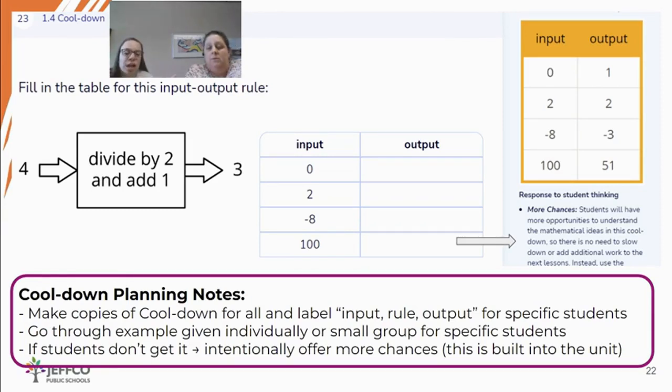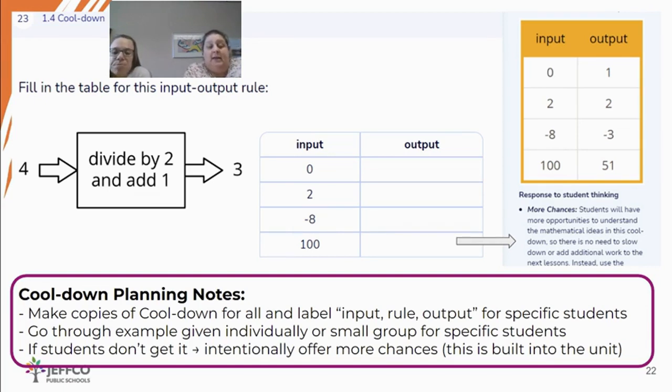So this is just kind of dip your toe in the water to see if your students have understanding or not. It's okay if the majority of my students don't understand how the input, rule, and output function. But for my students that need additional supports or additional access, it levels the playing field for them.